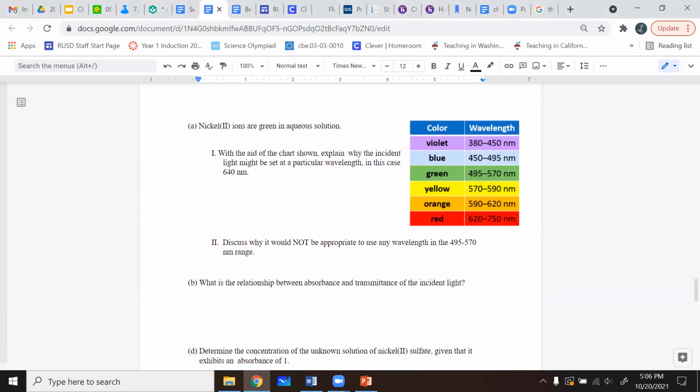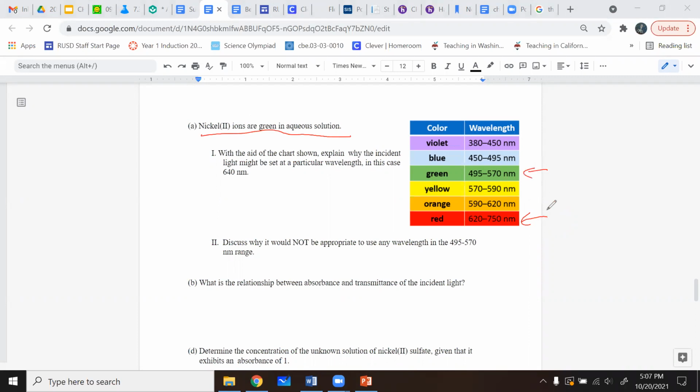First question it asks you is, with the aid of the chart shown, explain why the incident light might be set at a particular wavelength, in this case 640 nanometers. 640 nanometers falls in the red spectrum, and it also tells you that nickel 2 ions are green in an aqueous solution. So the solution is green, but we're using red.